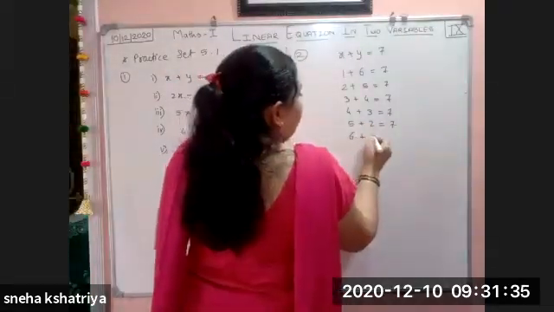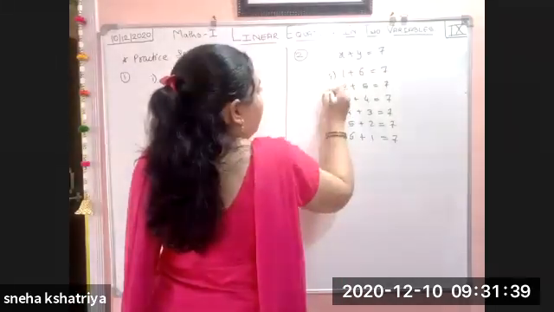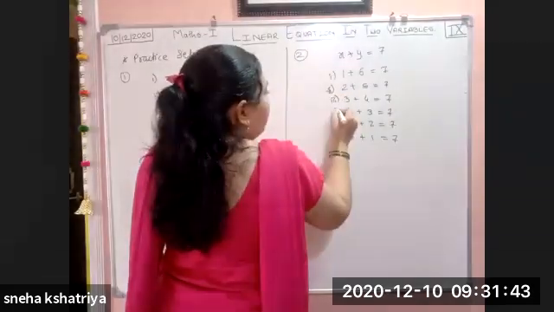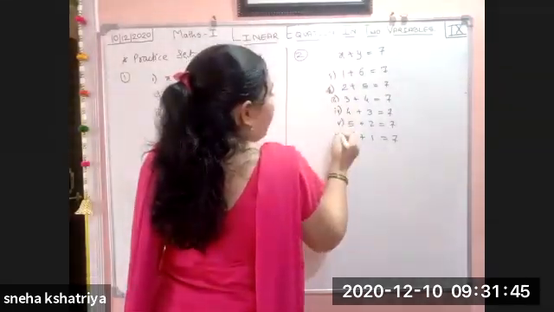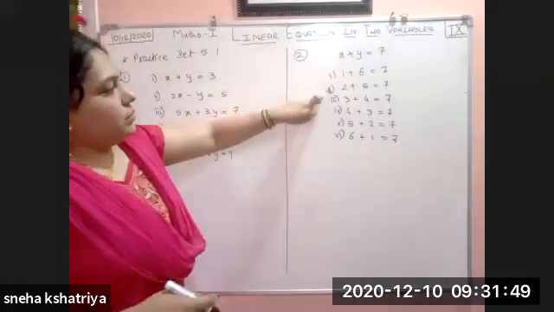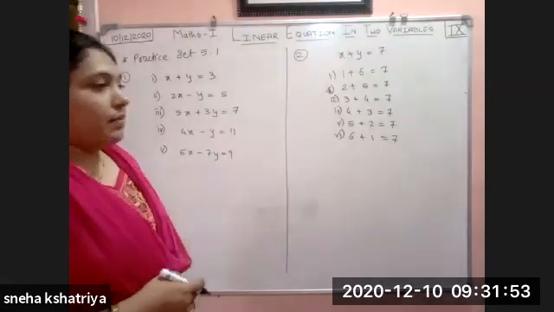And 6 plus 1 is equal to 7. This is 1, this is 2, this is 3, this is 4, this is 5, this is 6. So 6 solutions we have right here.